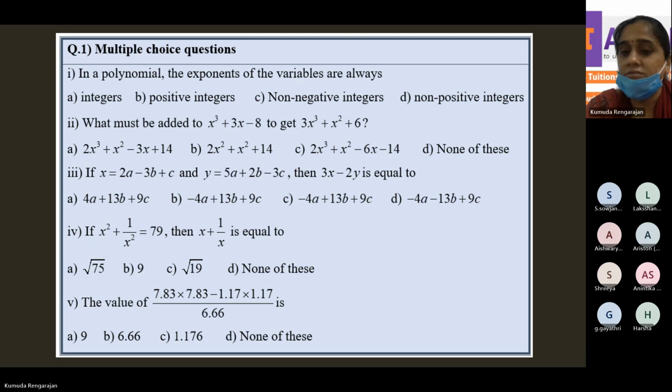Polynomial. Found the definition? Online students?